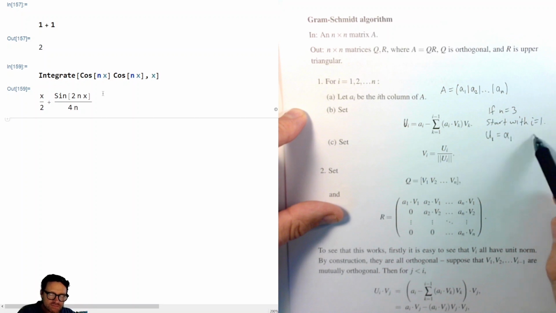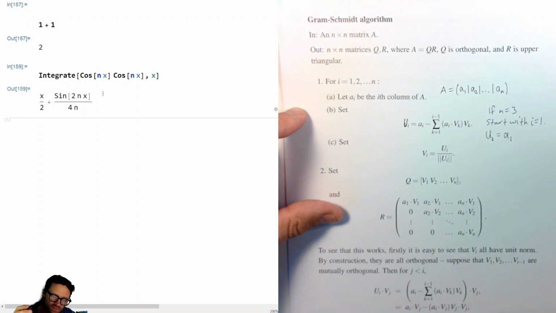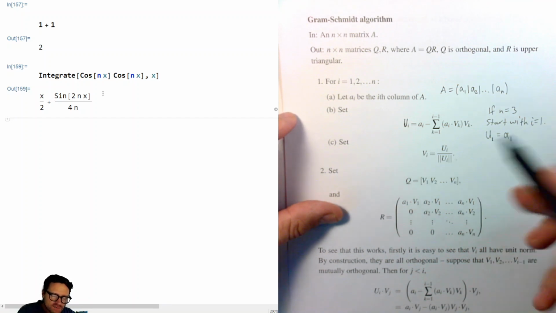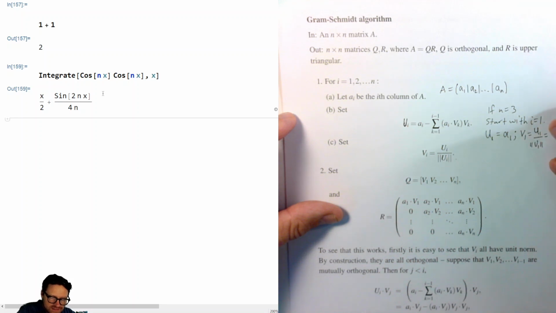So there's nothing there to sum up, right? Because the top is lower than the start. All right, so then we would move on to this part and calculate that v1 is U1 over the norm of U1, and in this case it's a1 over the norm of a1.